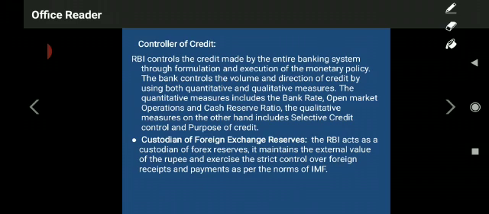Now coming to the next important function of RBI, that is custodian of foreign exchange reserves. The RBI acts as a custodian of forex reserves. It maintains the external value of the rupee and exercises strict control over foreign receipts and payments as per the norms of IMF.